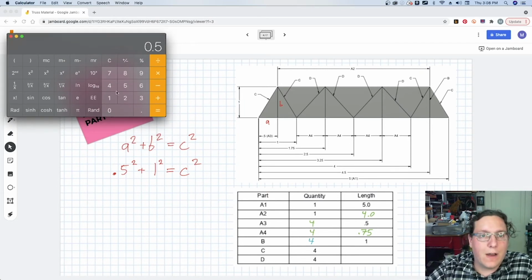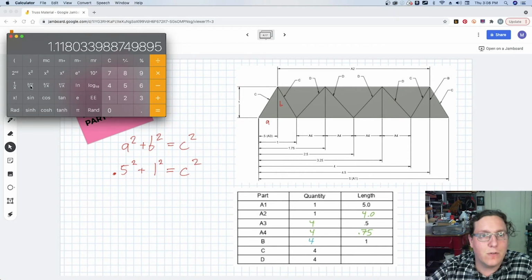So 0.5 squared plus 1 times 1 is 1. We could square it if we need to, but that's not essential. Figure out what it's equal to. The 0.5 squared plus 1 ends up being equal to 1.25, and we need to find the square root of that.